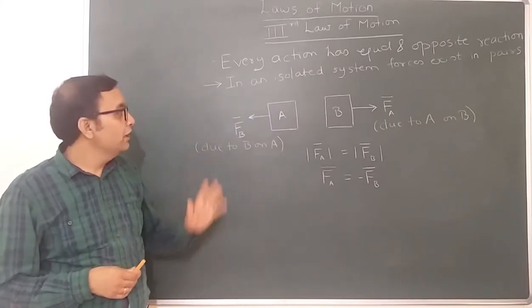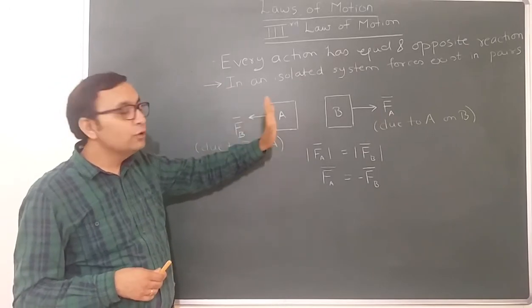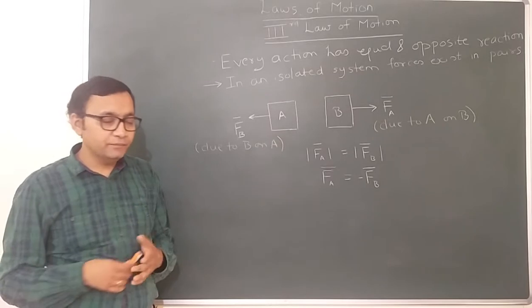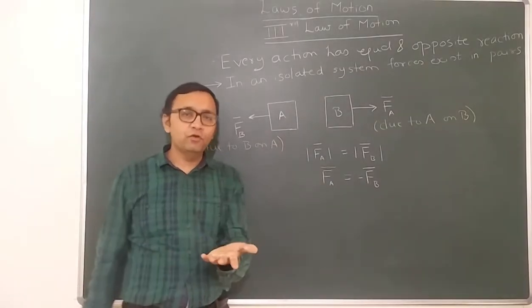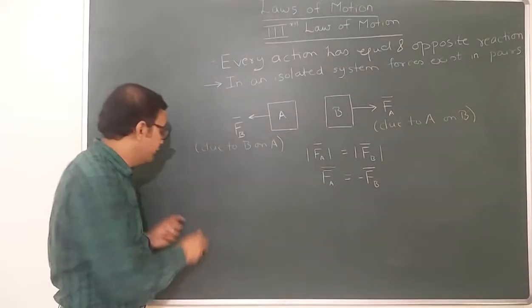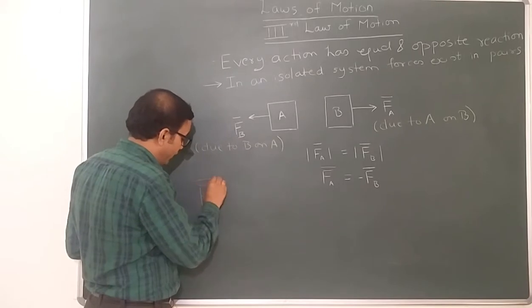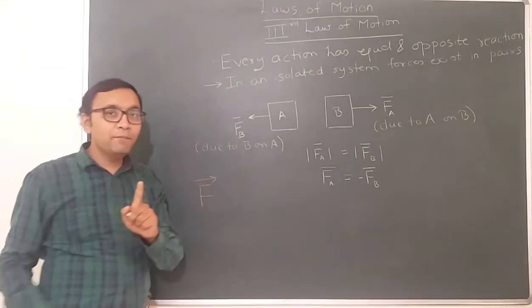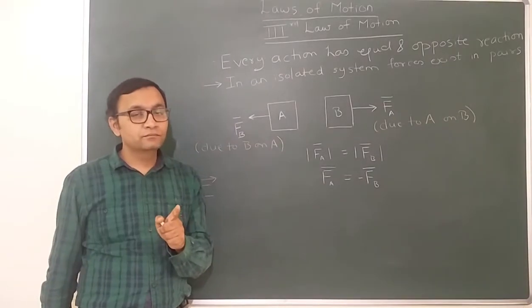In fact, you should be able to see forces in pairs. What I mean is that suppose a force F exists somewhere. Now this force must be applied by something.